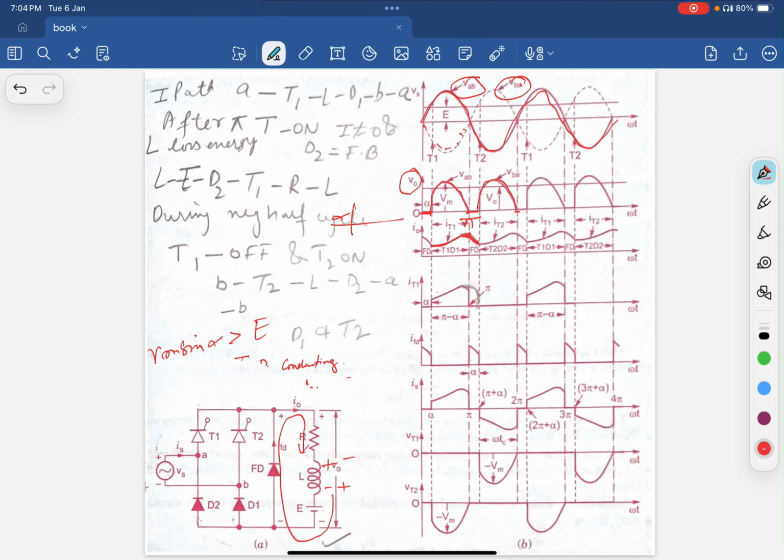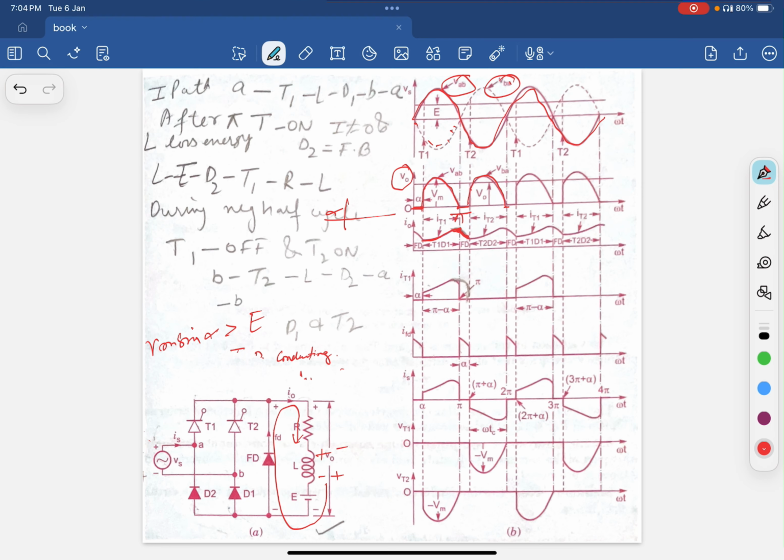Again with the negative supply, here it becomes negative and here it becomes positive. The current starts flowing to the thyristor T2, then it goes to RLE and the diode D2. So T2 and D2 start conducting. Again at this particular instant, the freewheeling diode starts conducting.